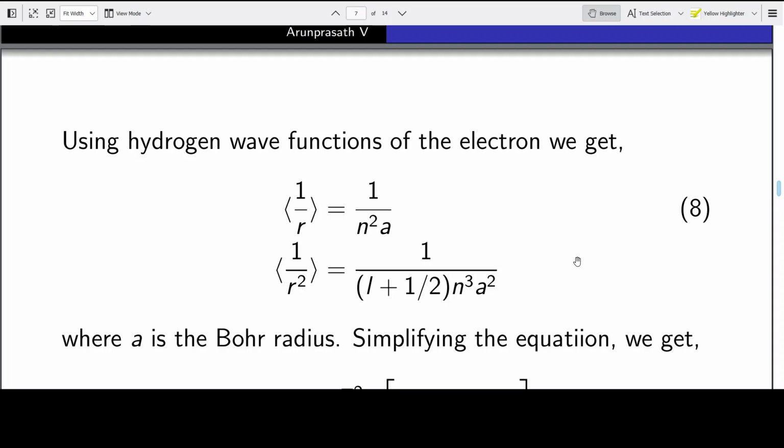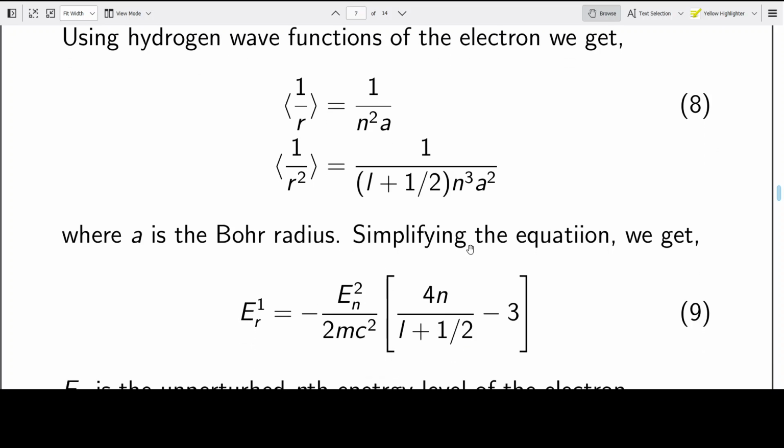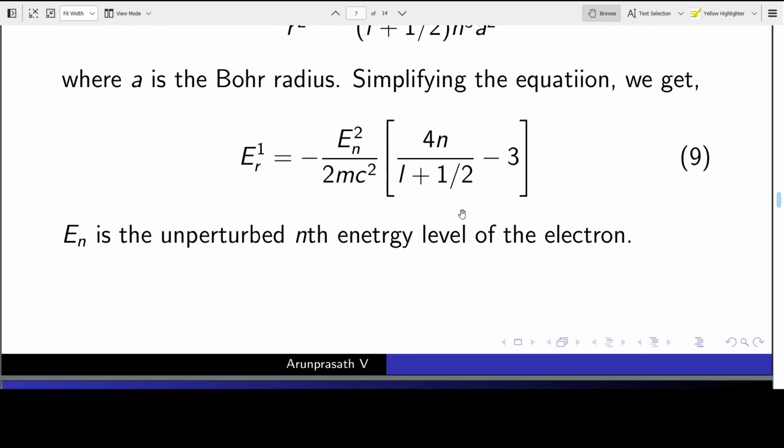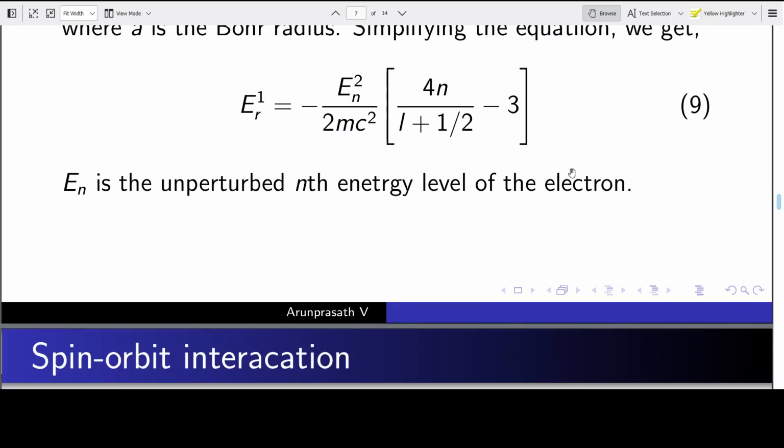These expectation values can be obtained from the hydrogen wave functions, and they are given by equation number 8, where a is the Bohr radius. Simplifying the equation, we get E1R is equal to E_n squared by 2mc squared times (4n by (l plus half) minus 3). E_n is the unperturbed nth energy level of the electron.